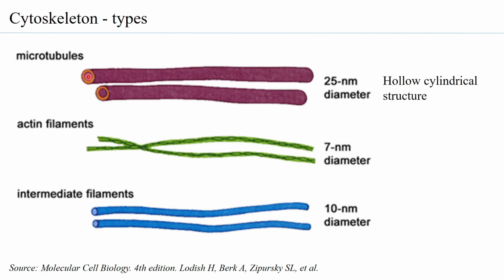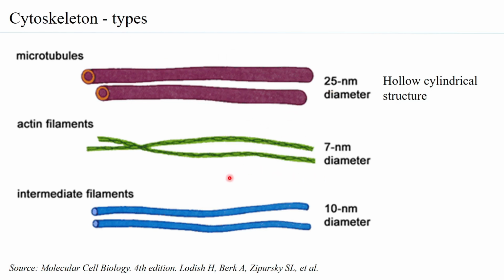So inside you don't have anything, it is hollow, but you have this entire thing as a cylindrical structure and it is a very strong structure. So therefore, it is able to help brace external stress or external force when it is present inside the cell. Second, it also acts as tracks, just like you have railway tracks, similarly microtubules can act as tracks. And it can also hold on to, or space out, different organelles within the cell. We will look at it in a minute.